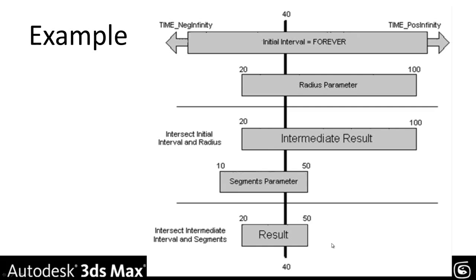The validity interval of the object at time 40 is from 20 to 50, to consider both of those parameters. Now, if this line moved down below 20, then it'd be a different result. It would just be the 10 to 20 value in the segments parameter.